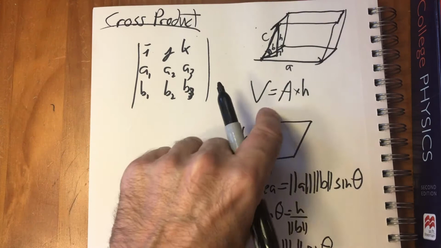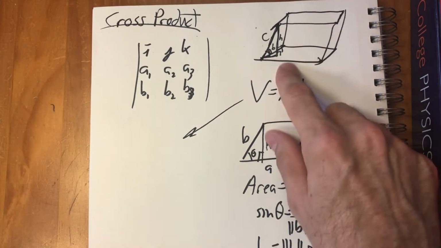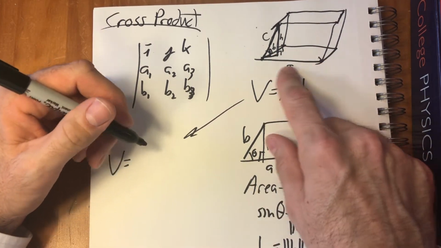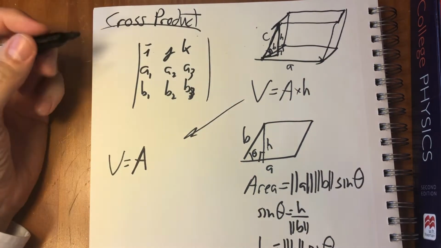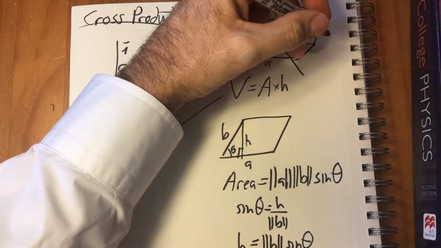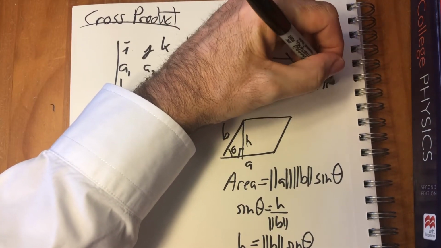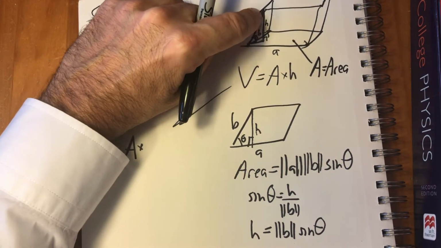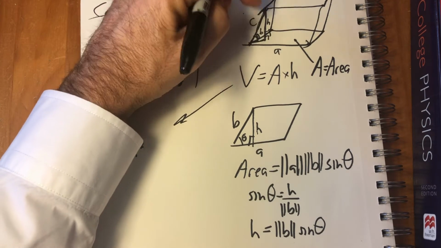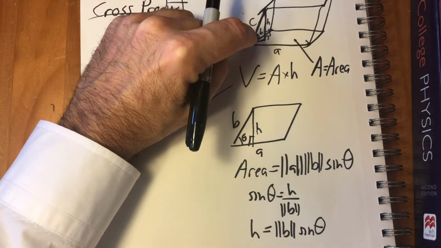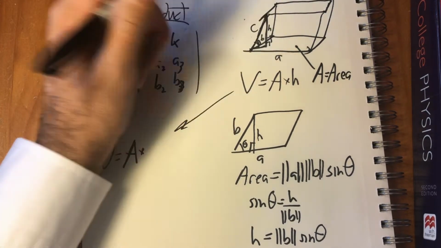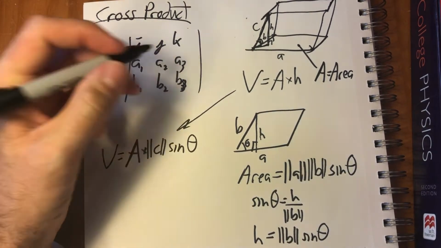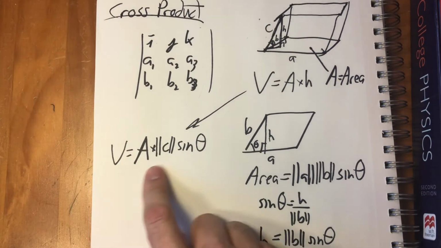So the volume of the parallelepiped is V equals the area of the base, and I'm just going to call that area, times the length of C times the sine of this angle, theta. Okay?